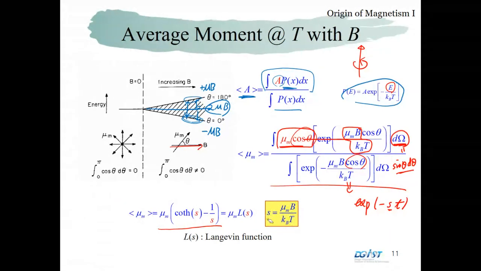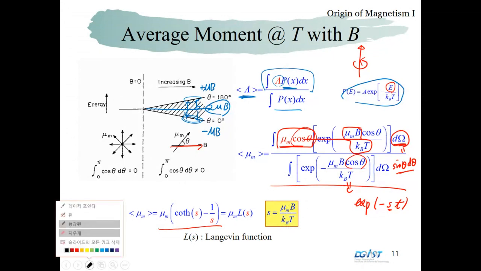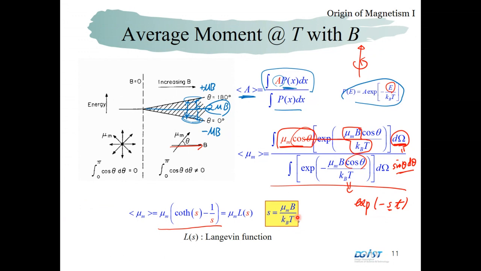So what's the physical meaning of this S? That's important. The k_B T always means the thermal energy. If you have a higher temperature, they have a higher energy, and the thermal energy makes the system random. And this mu B means the potential energy because of the external field B, so they prefer the direction.